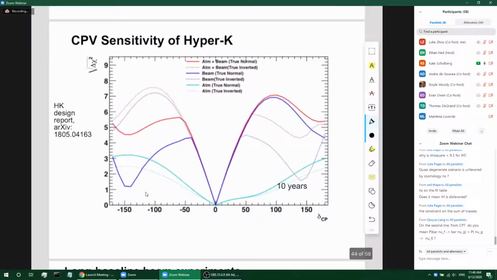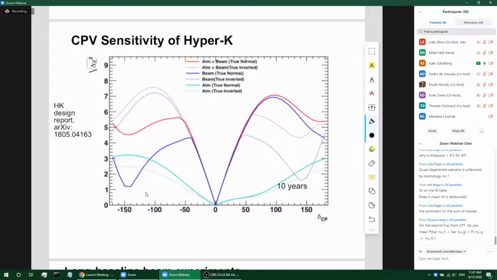This is a similar plot for 10 years of HyperK. This is the delta CP sensitivity for different assumptions, where the dashed or dotted lines are normal and inverted.